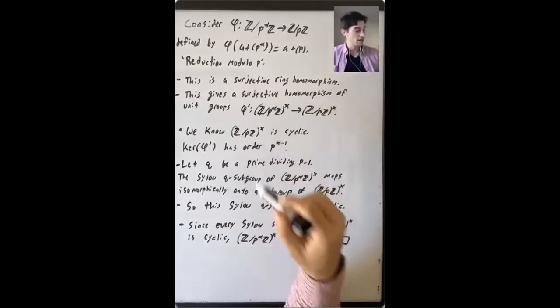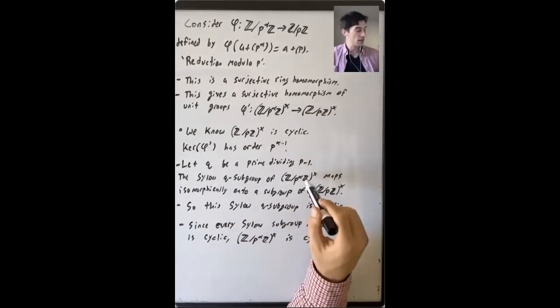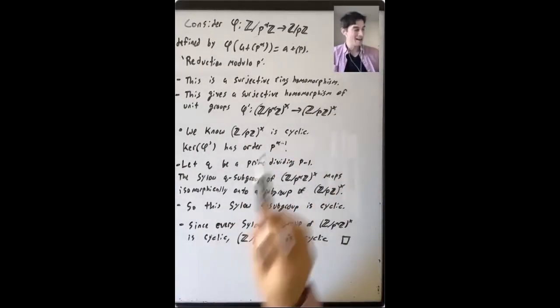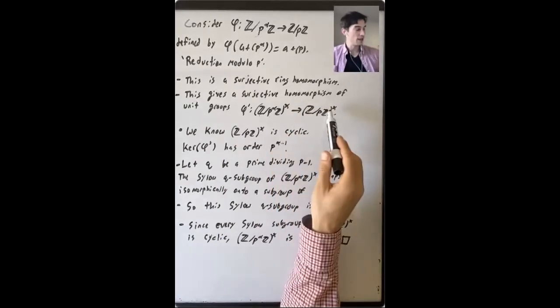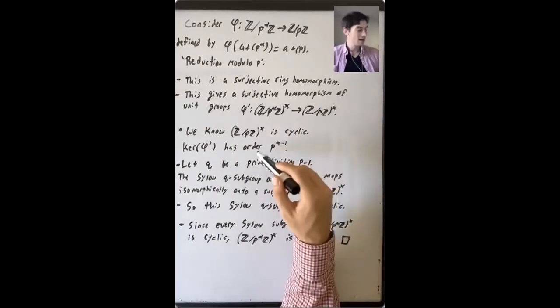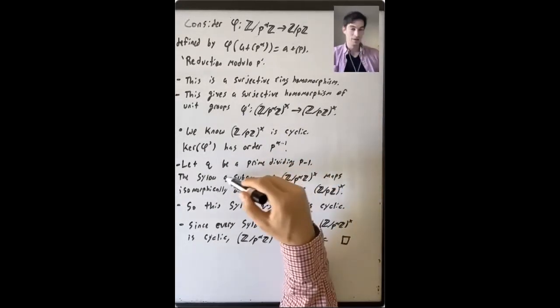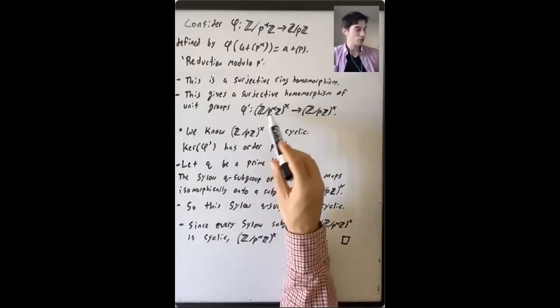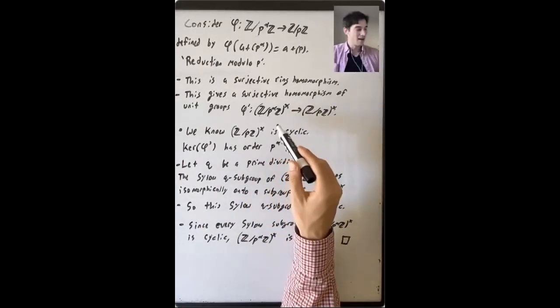And let's look at the Sylow q subgroup of (Z mod p to the alpha Z)star. And now this maps isomorphically onto some subgroup on the right-hand side here. Why? Because this group has order q to some power, and the kernel over here has order p to some power.